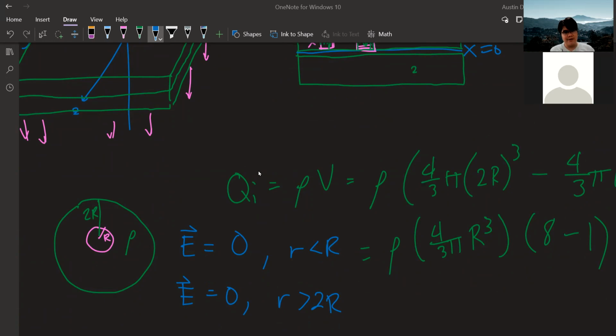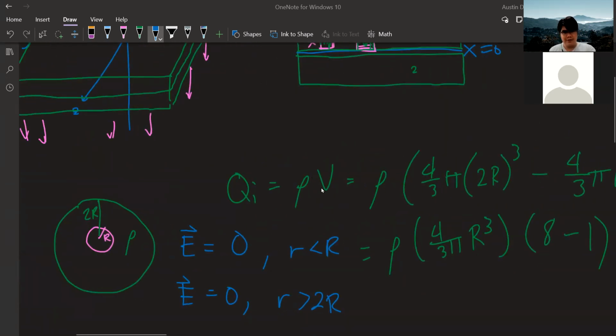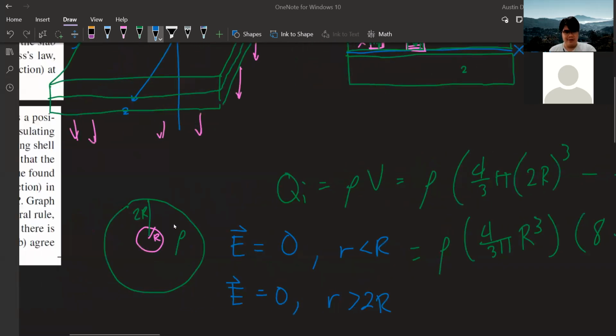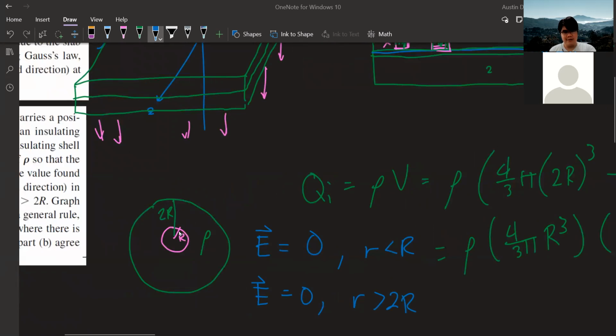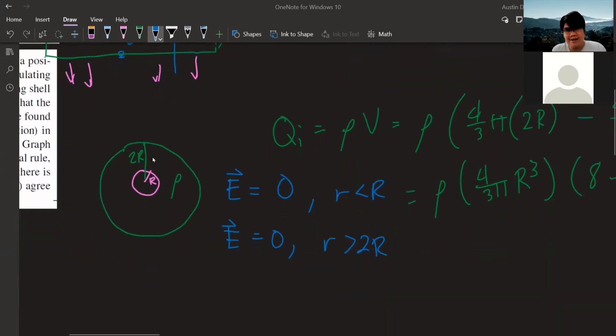So the total charge for the insulating shell would be rho times V, and V would be the total volume of that configuration where there is rho. So the region is just from R to 2R. That's the only volume you take. The donut here, well, it's 3D thick, so you can't call it a donut. It's just the shell.